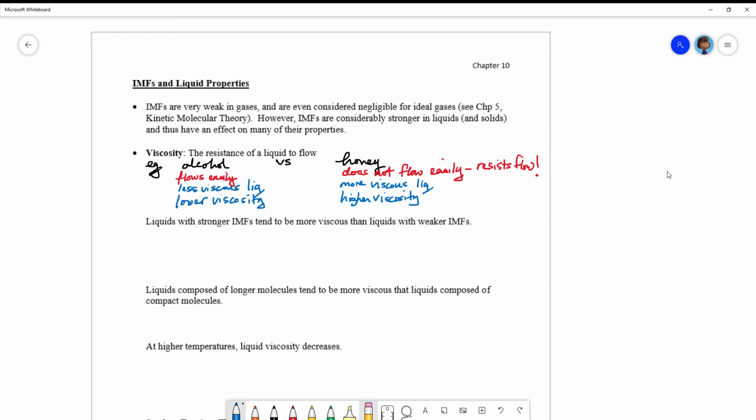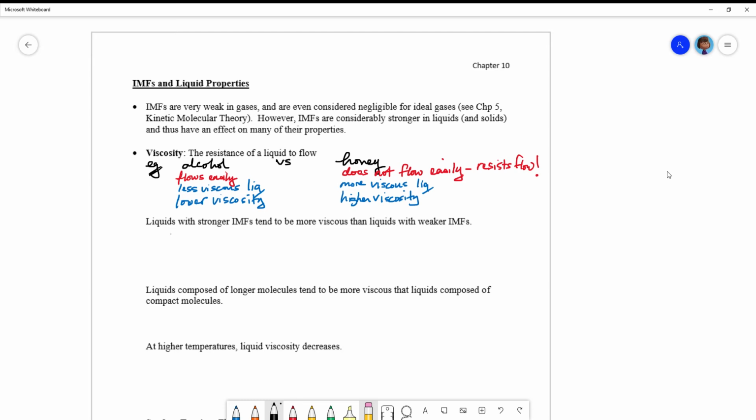So now you've got an idea of what that definition of viscosity is all about. Well, what is the role of intermolecular forces? As it turns out, liquids with stronger intermolecular forces tend to be more viscous than liquids with weaker intermolecular forces.